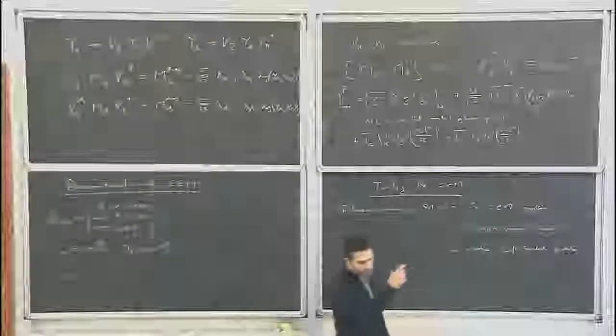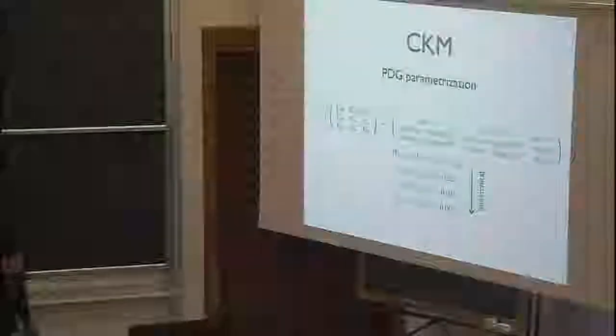But now, using this empirically known hierarchical structure of the CKM, we can just define S12, which enters in the 1,2 and 2,1 entries, as lambda.